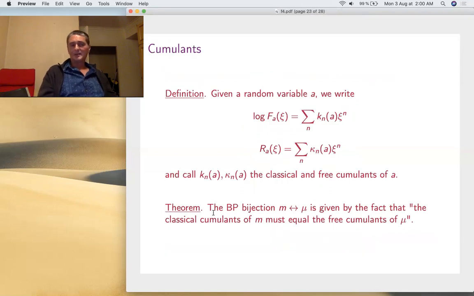Actually, the Bercovici-Pata bijection is best understood via cumulants. That's much better than transforms. So what's the idea with cumulants? Given a random variable, we write log f as a series, and the coefficients are called cumulants, classical cumulants. Same for the R transform: the coefficients are called free cumulants.